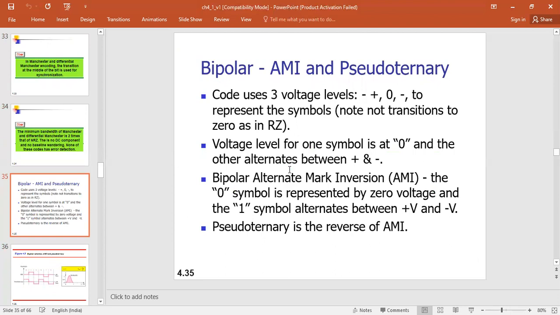Now the bipolar. In this code, 3 voltage levels of 0, plus and minus are used to represent the symbol, not the transition as in RZ. The voltage level of one symbol is 0, the other alternates between plus and minus. In bipolar, that is called AMI, alternate mark inversion. So 0 represents 0 voltage, 1 represents plus or minus, and pseudo is the reverse.